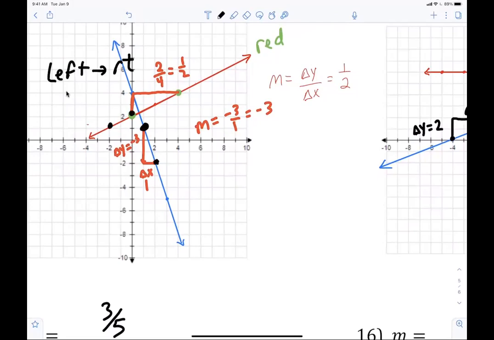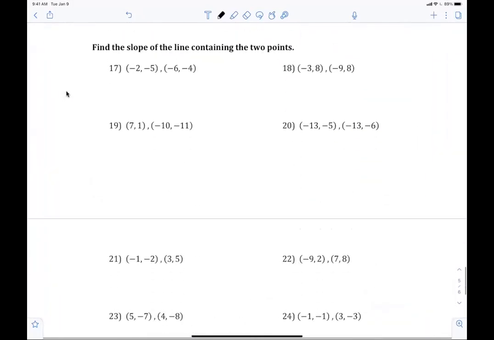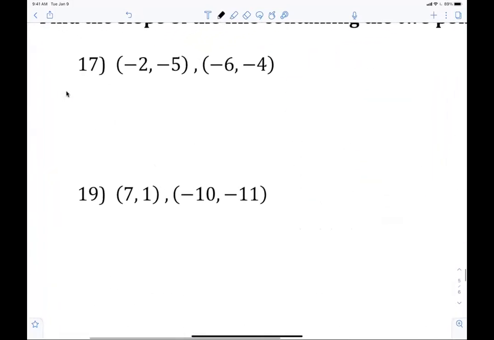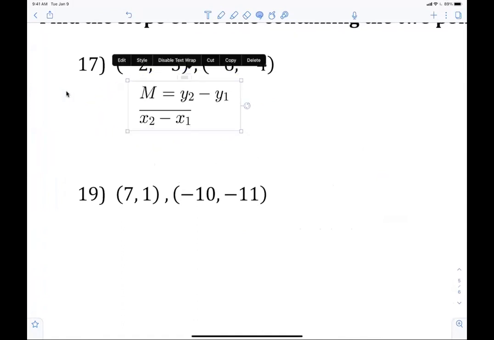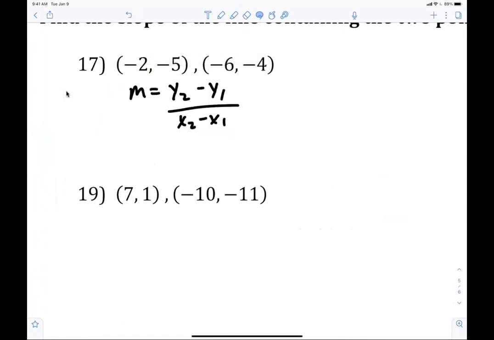All right. Now up here we go. 17. Practice writing the formula. M equals y2 minus y1 over x2 minus x1. All right, that is the formula. Now you just have to plug those in.